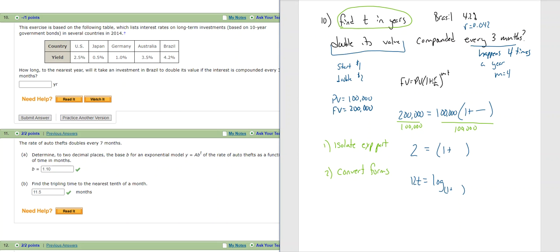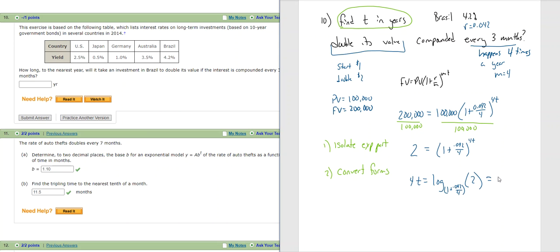What I actually should have put in here is 0.042 over 4 to the 4t, and down here 4t should be equal to log base 0.042 over 4 of 2.